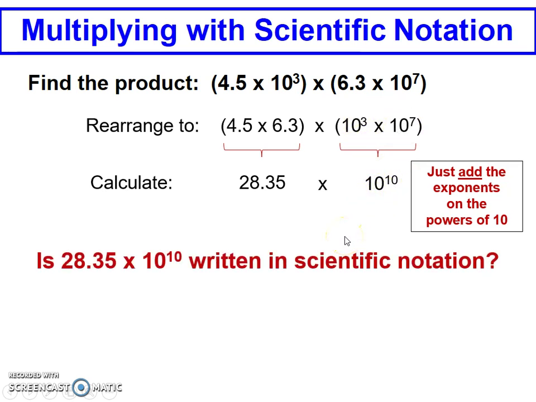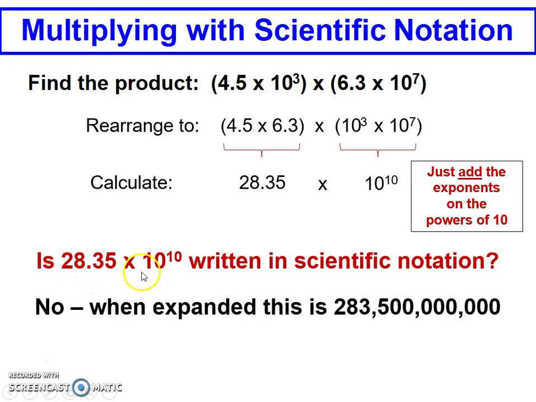Then, once you've done that, we need to check to see if our answer is actually in scientific notation or not. So is 28.35 times 10 to the 10th actually in scientific notation? Well, unfortunately, it's not, because I have two non-zero digits to the left of the decimal. So I need to think about what this number would be expanded out. If I move the decimal 10 times to the right, it's going to look like this.